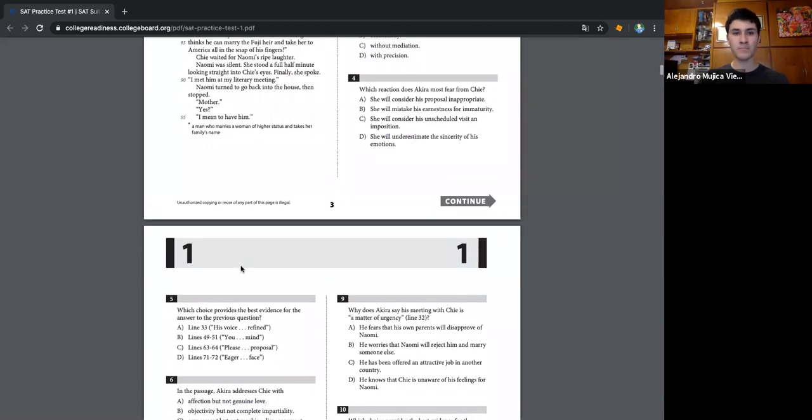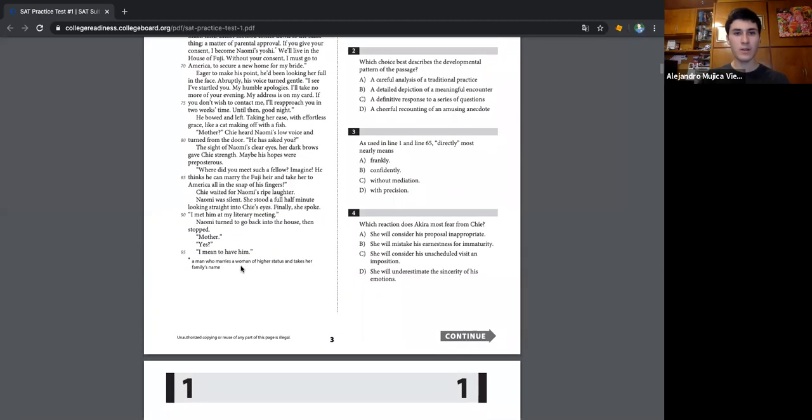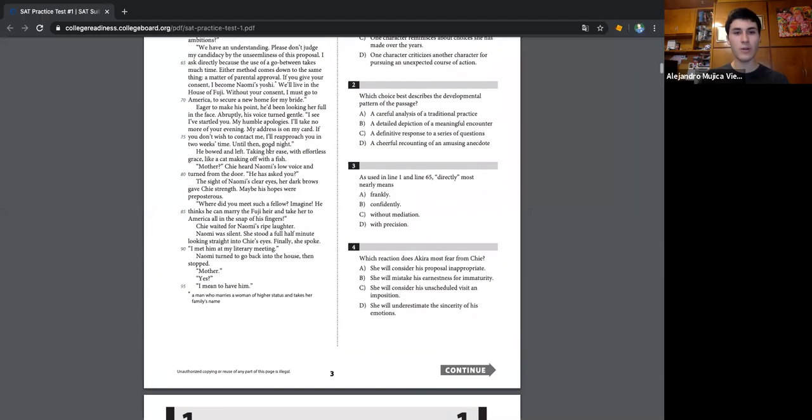Now, lines 70, 71, 72. "If eager to make his point, he'd been looking her full in the face." This is the evidence for answer D, because he's looking her full in the face to make sure that she knows he's honest.